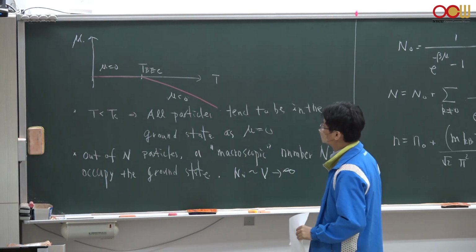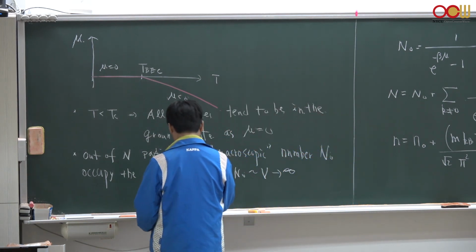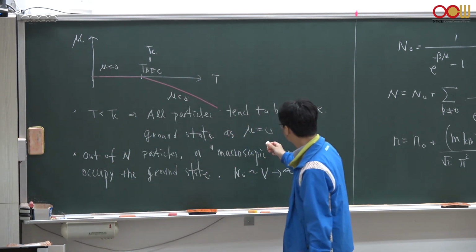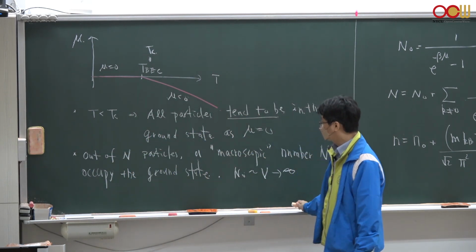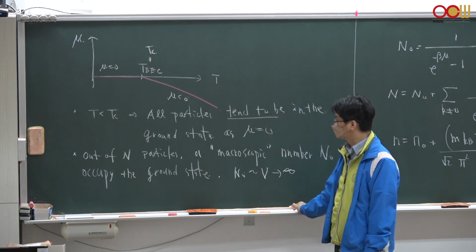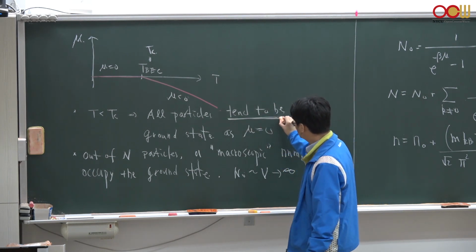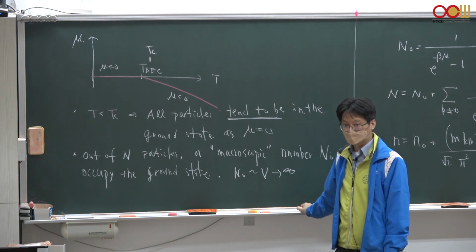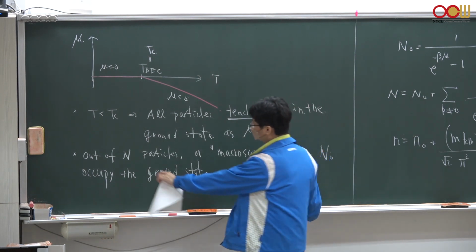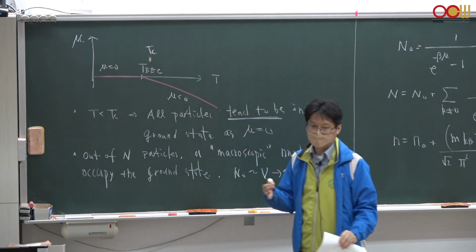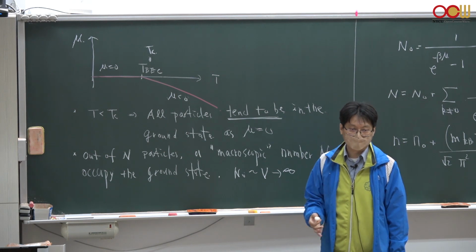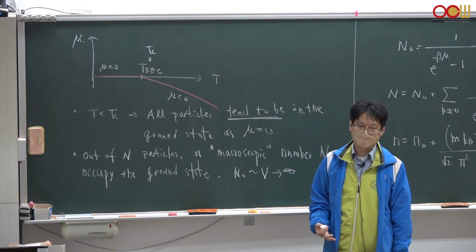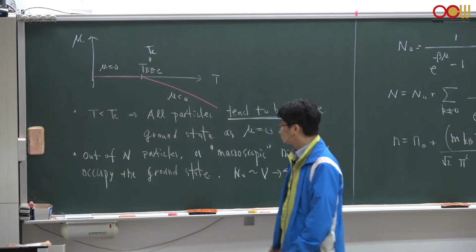So when temperatures are below T_BEC, all particles tend to be in the ground state because the chemical potential vanishes. I emphasize "tend to be", which means that not all the particles are in the ground state at any temperature below Tc, but a sizable percentage of the bosons are in the ground state. The remaining percentage of bosons are still in excited states.